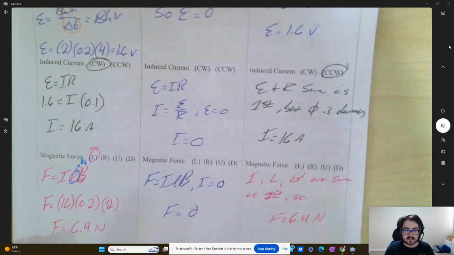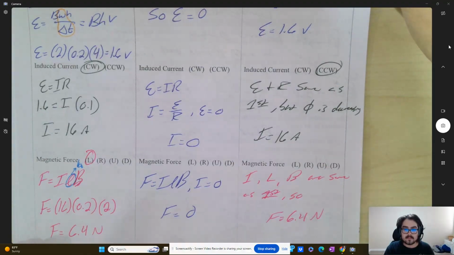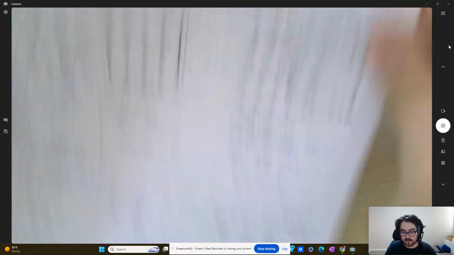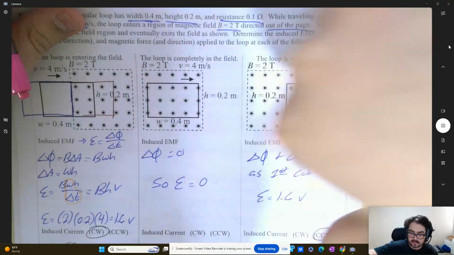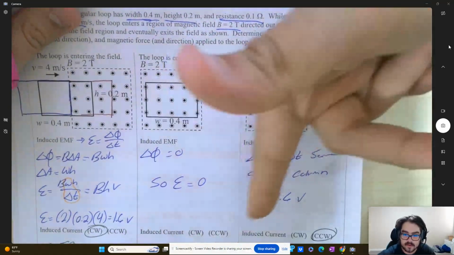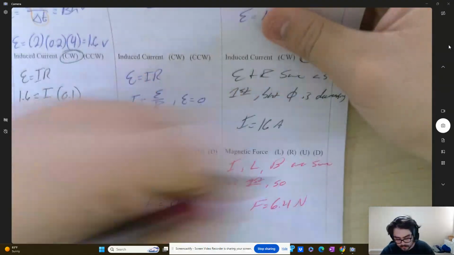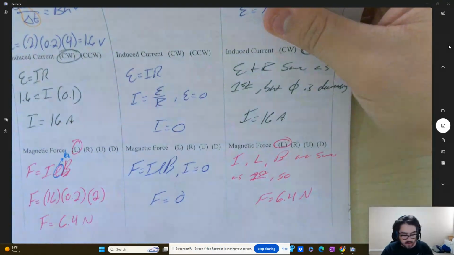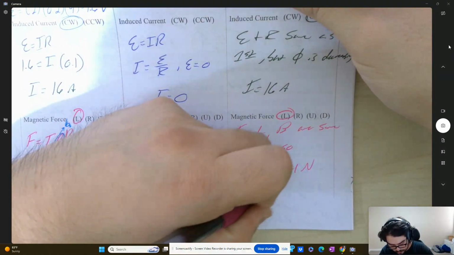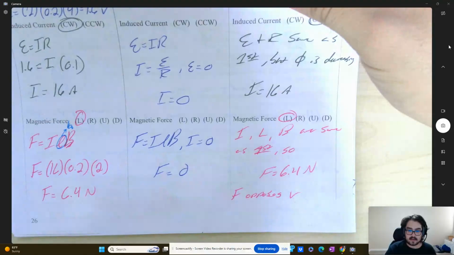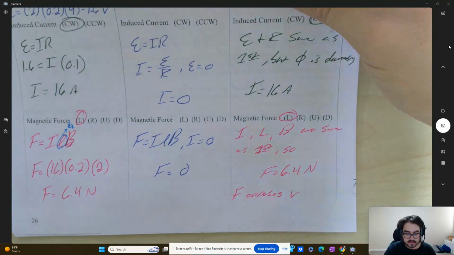Well, it would actually act in the same direction, because the current is now flipped, so it's going counterclockwise. So this segment that's still in the field is going down. Field going out of the page, it's still acting to the left. You can also say force opposes V, and it still does that.